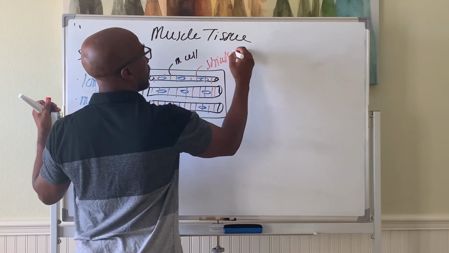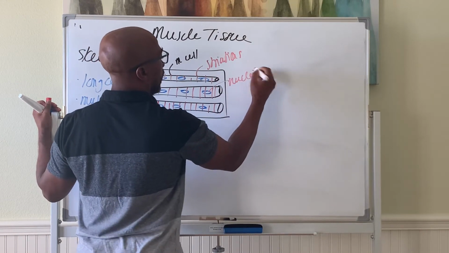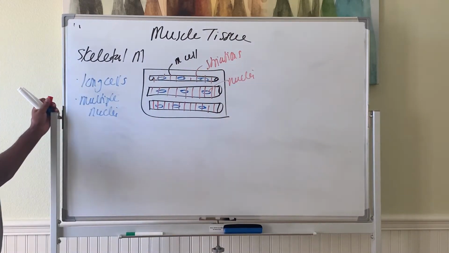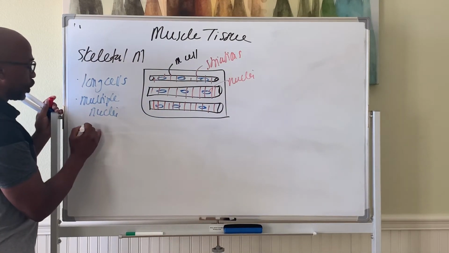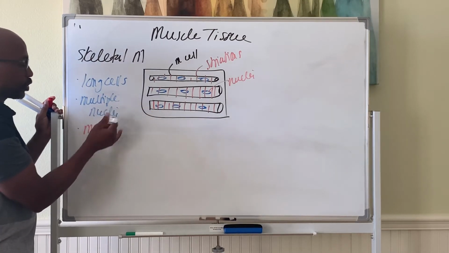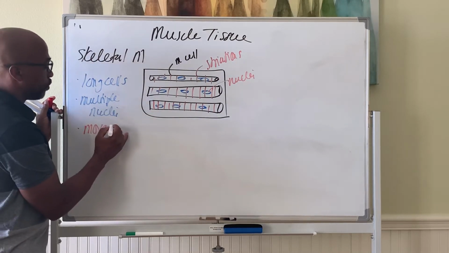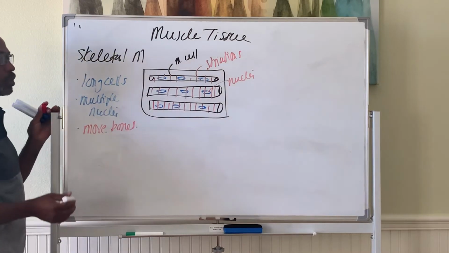Striations here. These are your nuclei. Okay, so that's what a muscle tissue looks like. And of course, its job is to move. You find them in your skeletal muscle organs, and they help to move bones. That is your skeletal muscle tissue.